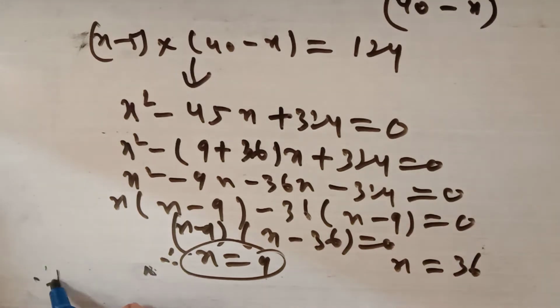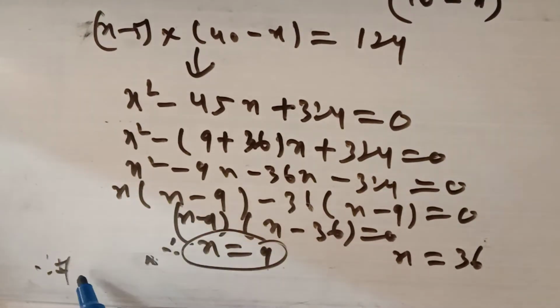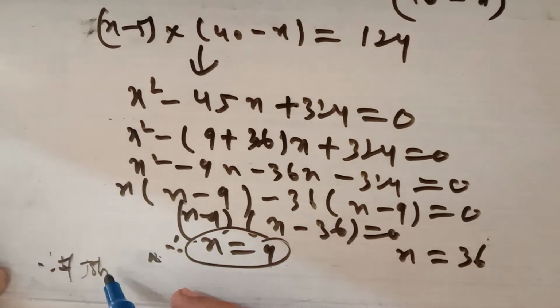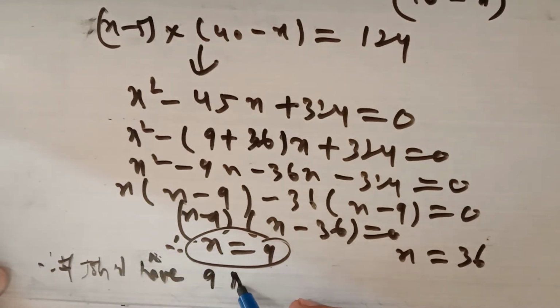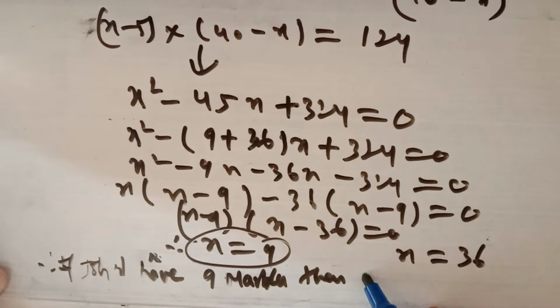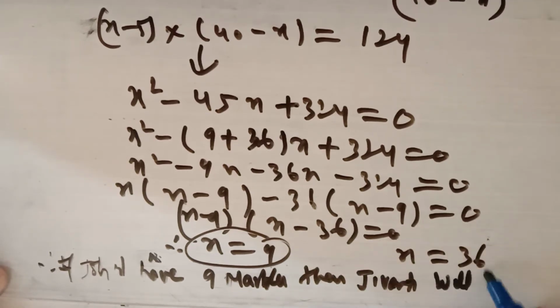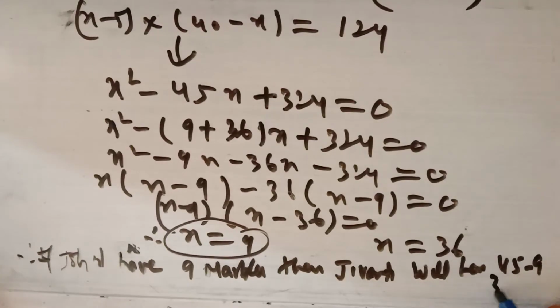So in the end you have to write: because we have let x be the number of marbles John has, if John has 9 marbles, then Jivanti will have 45 minus 9, that is 36 marbles.